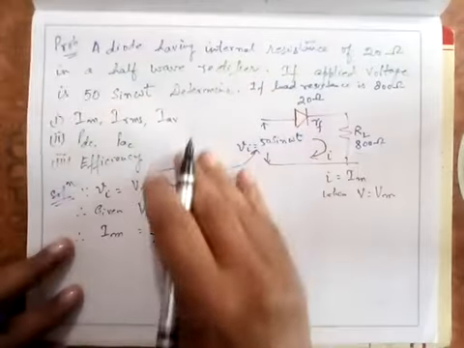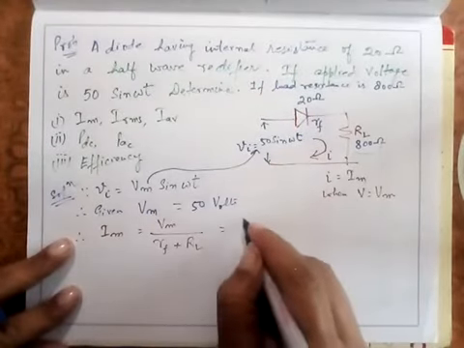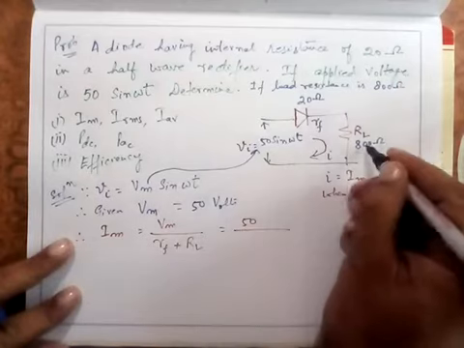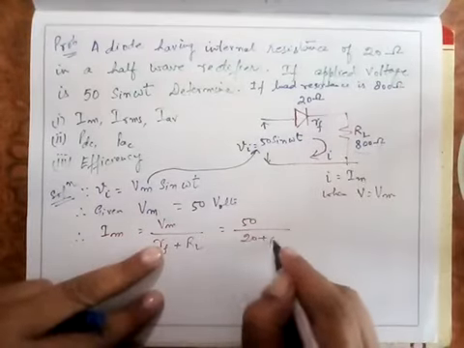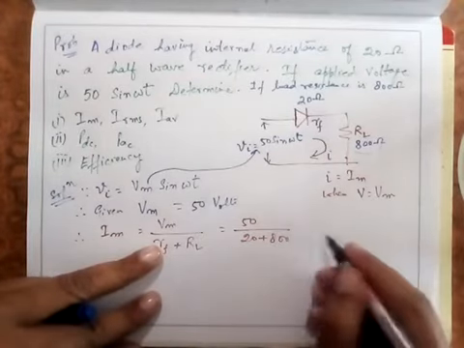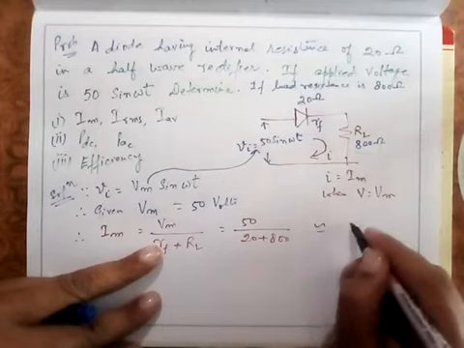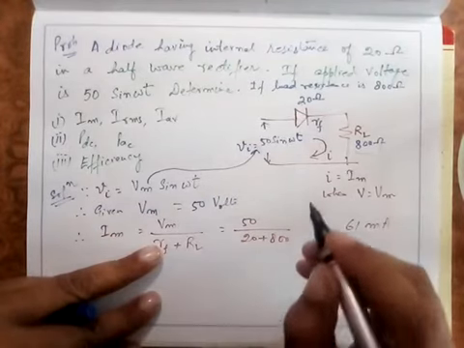I hope this is clear to you. So Im will be 50 upon 800 plus 20, Rf is 20 and Rl is 800. Approximately this comes out to be 61 milliampere according to my calculations.